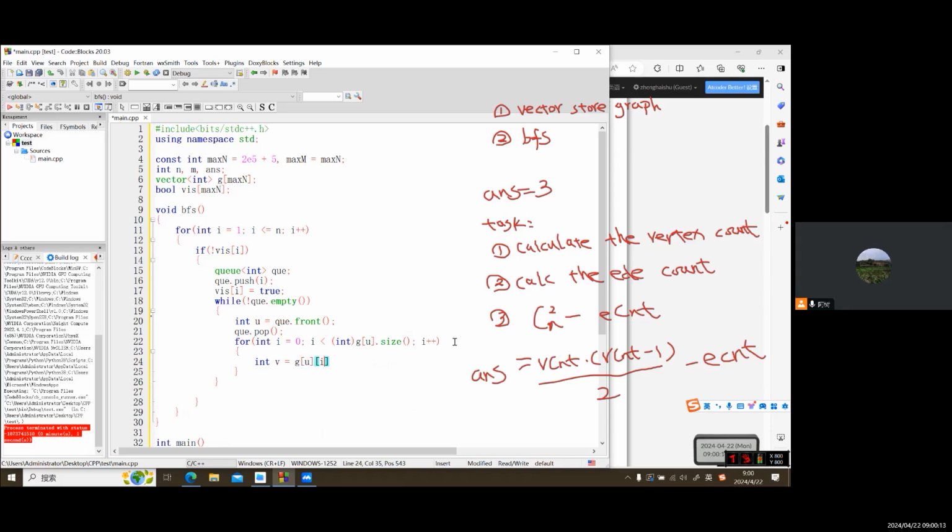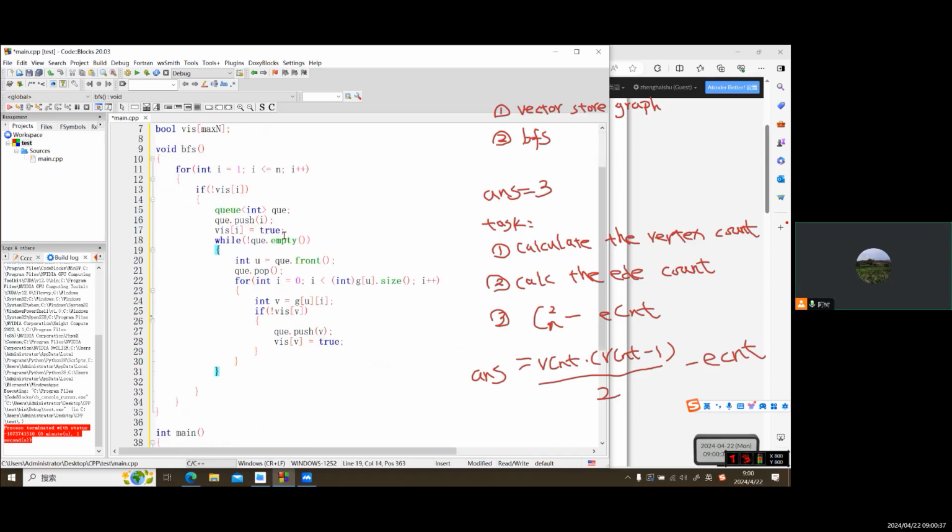If v is not visited, so we can push the vertex into the queue. Okay, this is the base framework of BFS.